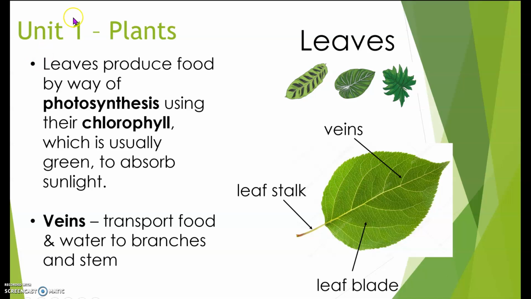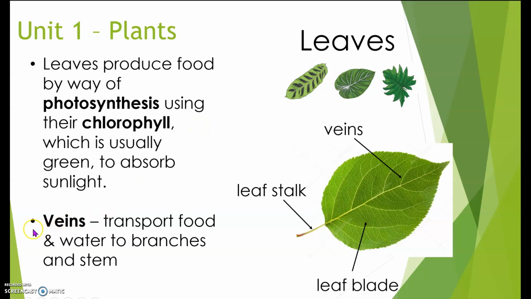Very good. So the leaves produce or make food, and the process is called photosynthesis. So photosynthesis also uses chlorophyll. Chlorophyll is the green pigment in the leaf. It will absorb the sunlight to make the food. We will talk about more photosynthesis and chlorophyll on the next topic.